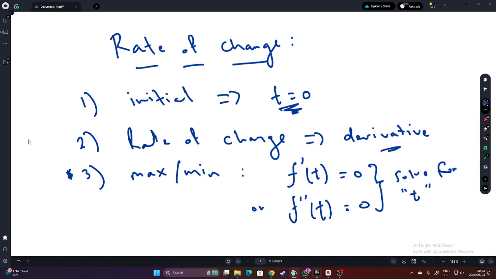So those are the three key words that we will discover as we look through a question. Let's take this concept and apply it to our previous question.